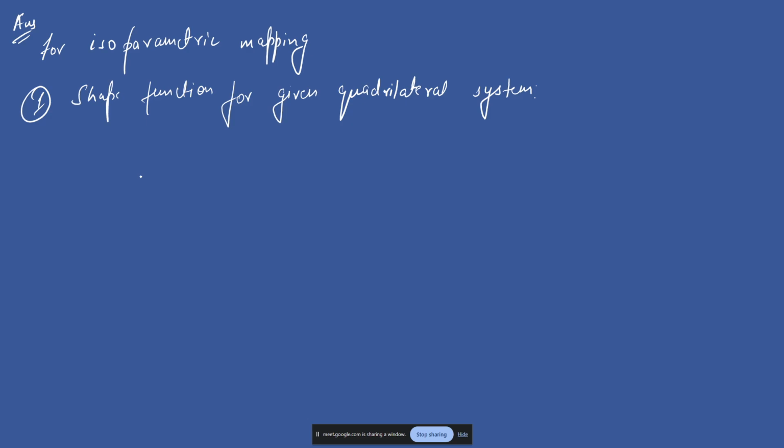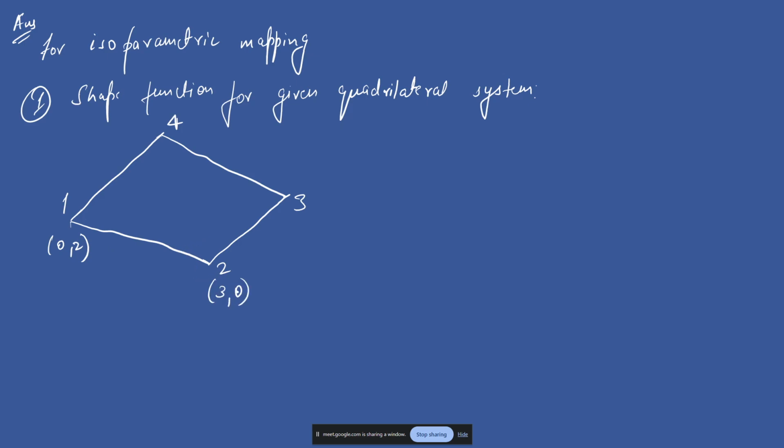For this particular four-noded quadrilateral system which is available with you, with nodes 1, 2, 3, 4 and coordinates (0, 2), (3, 0.5), (1, 3), (3.5).